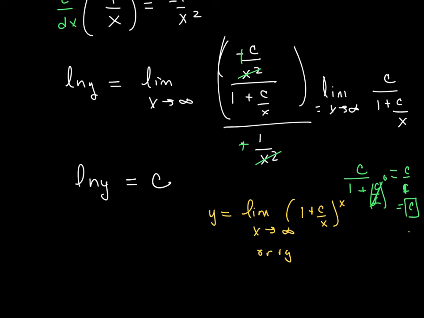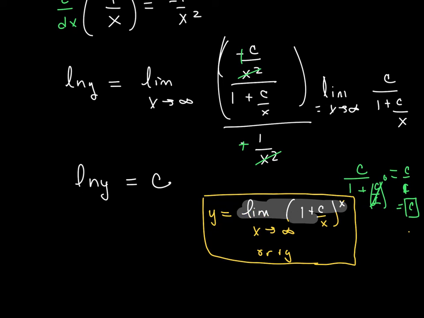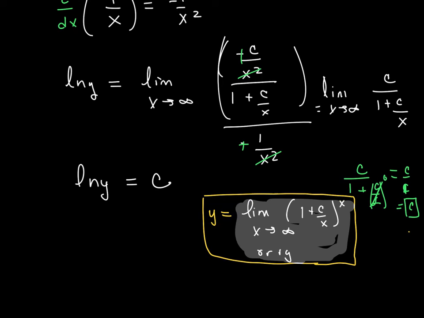So by solving for y now, we can have that answer of what the limit of 1 plus c over x always equals. What I just put down here is a reminder of what our original question was. We set this up so y is equal to our entire limit. So we have to finish solving for y, and then we'll have a value that this limit is always going to be equal to.